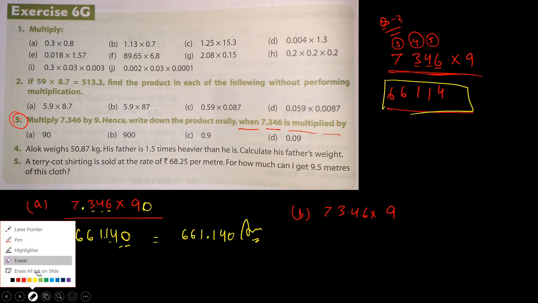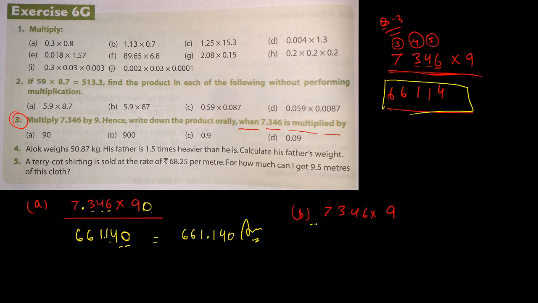So what will happen if I multiply the same number 7,346 by 9? I'll get the same answer, 66,114. Now here we are having 2 zeros. So I will also add 2 zeros in the answer.